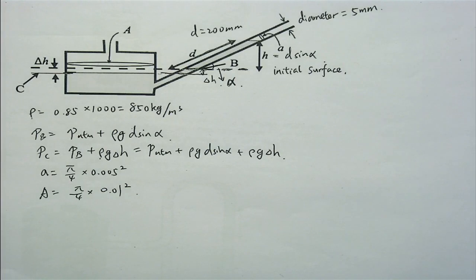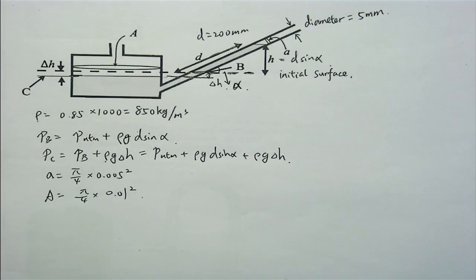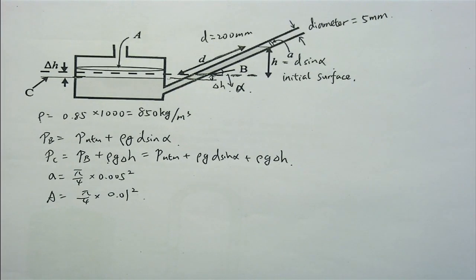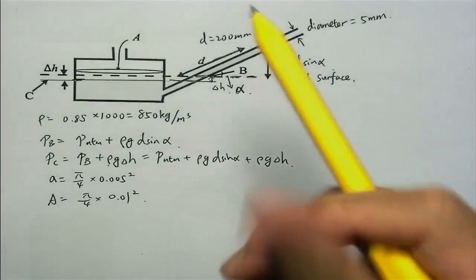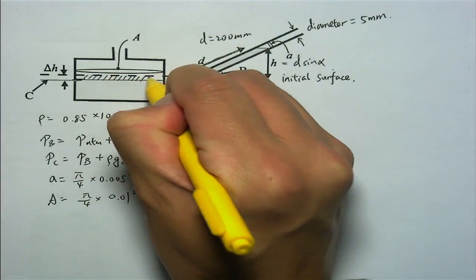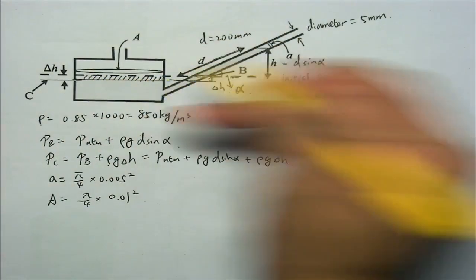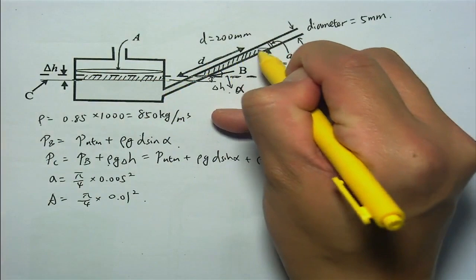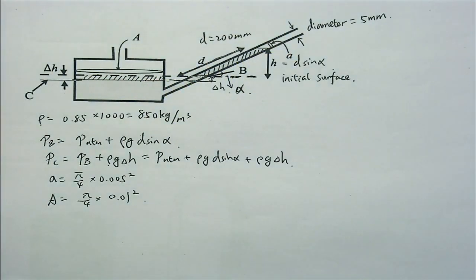Anyone got idea? Which one we used? So we know that the volume of the oil here changes to the volumes of oil here.